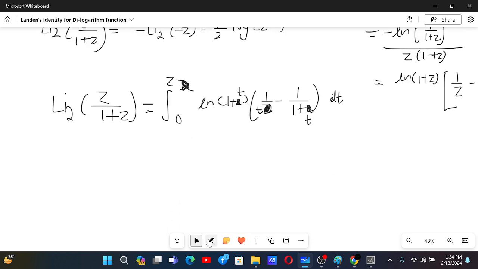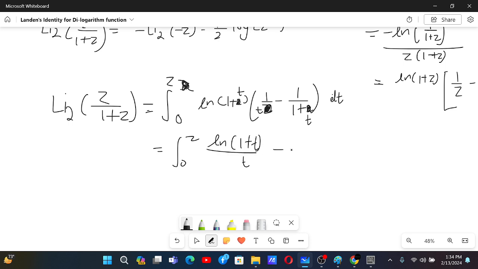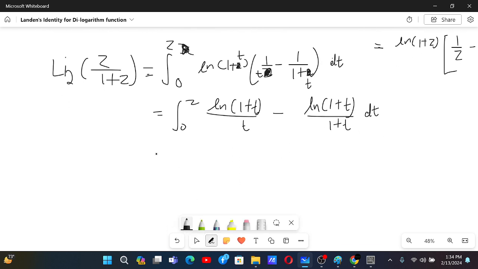Now how do we integrate this? That is the problem. For this integration, let us write this as different terms: ln of 1 plus t by t dt minus ln of 1 plus t by 1 plus t dt. If we integrate this, what will we get?